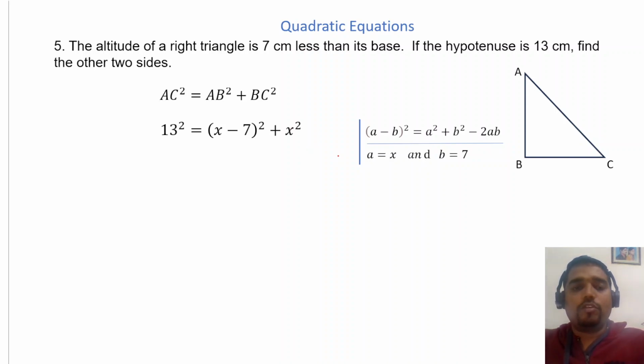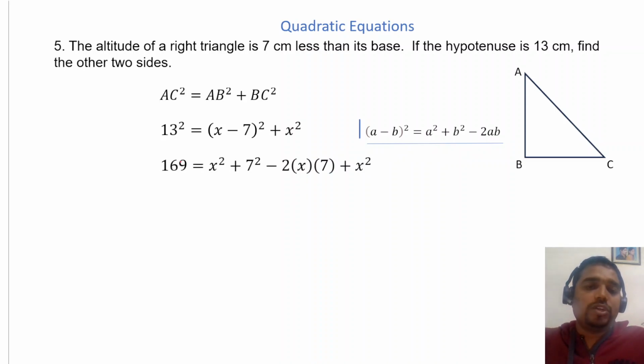Let us apply the formula, simplify and proceed to the next step. Now 13 square would be equal to 169. Now the (a minus b) whole square formula is applied here. So upon opening this bracket, we get three terms, that is a square plus b square minus 2ab, plus x square as it is.